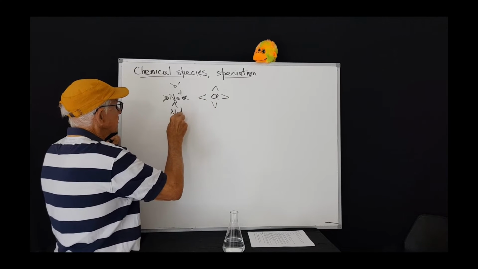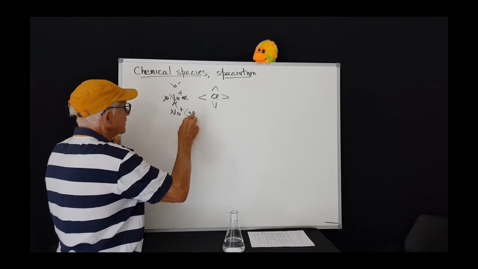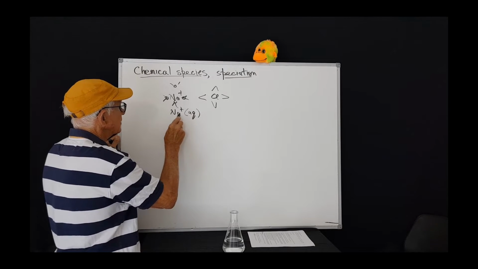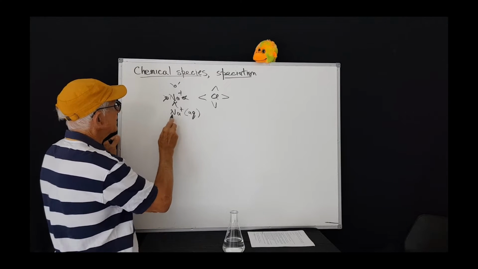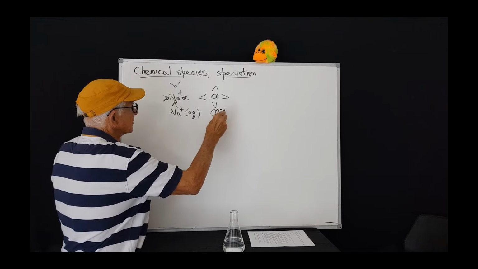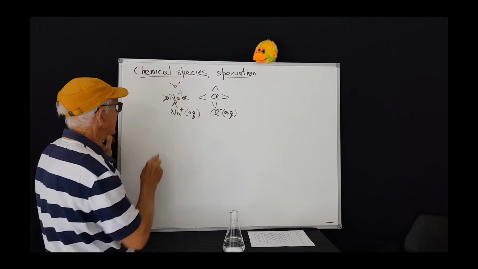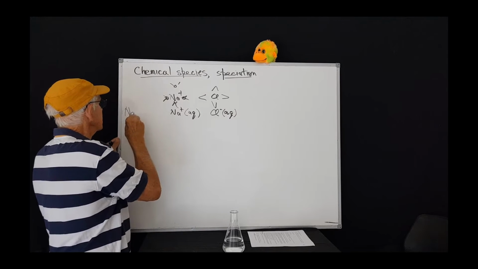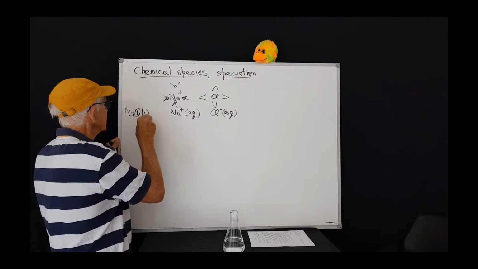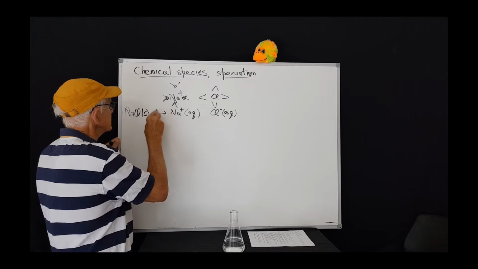This is the way we write that: aquated, or a lot of people use the term hydrated, sodium ions, and this is the aquated chloride ion produced from sodium chloride in the solid in the presence of water.